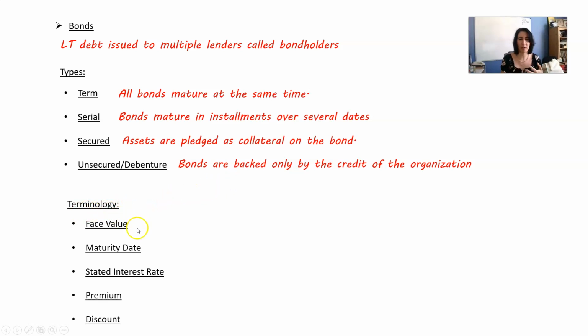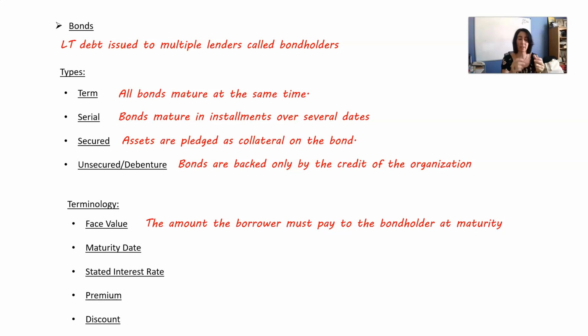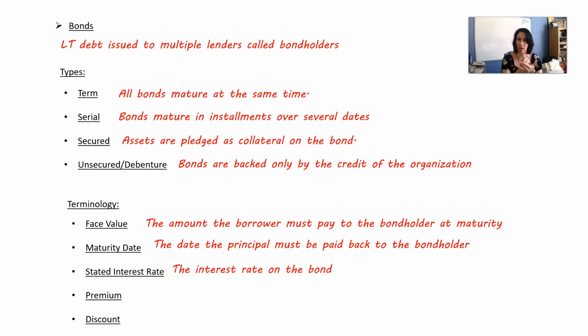A little bit of bond terminology. The face value is the amount that the borrower must pay to the bondholder, right? So if it's a $5,000 bond, that's going to be written on there. That is the face value of the bond. Maturity date: when does the money have to get paid back to the bond lenders? There's going to be an interest rate that is stated on the bond, right? I say it like it's on paper.